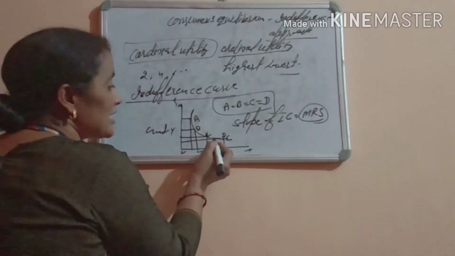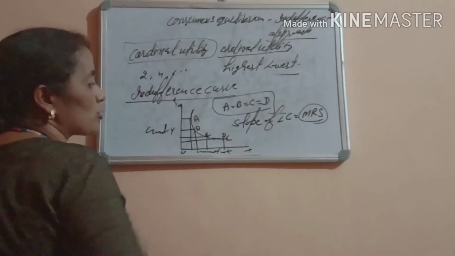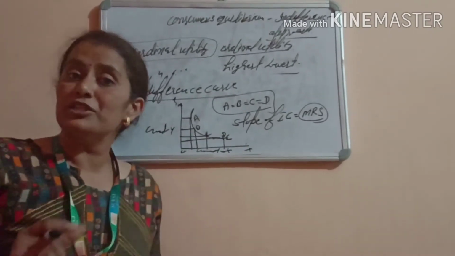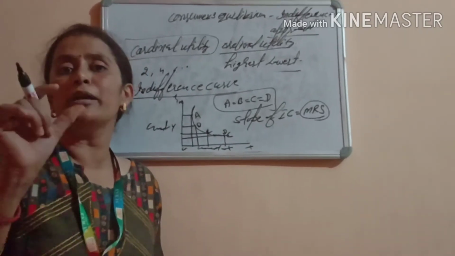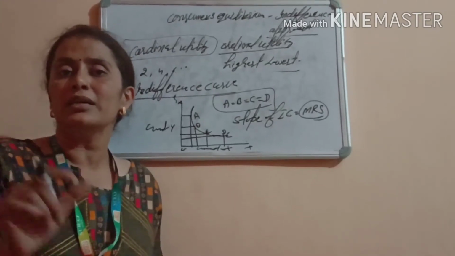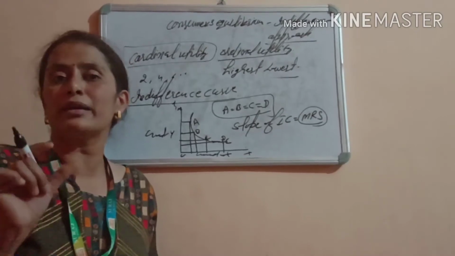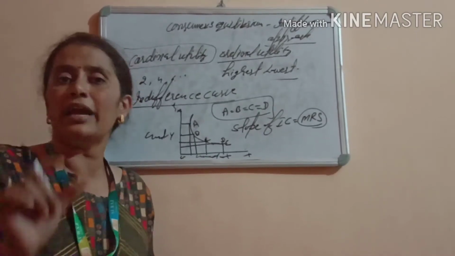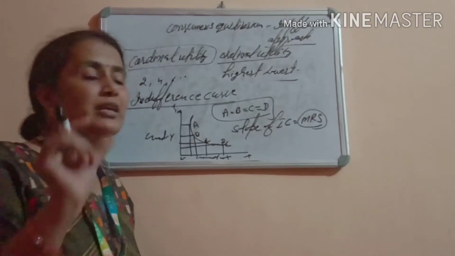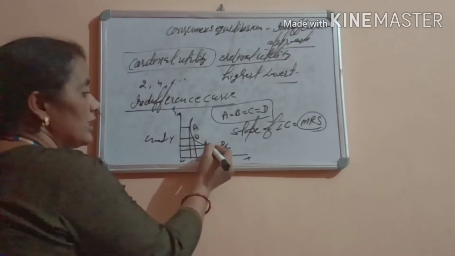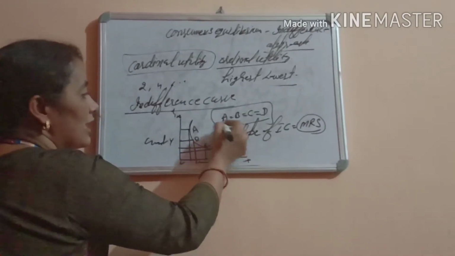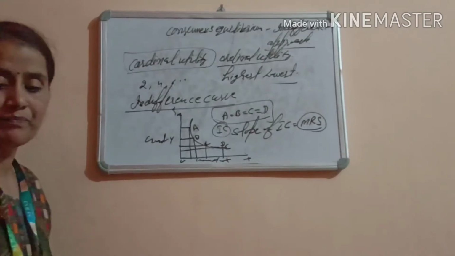So the IC depends on the diminishing marginal rate of substitution. As the consumer consumes more and more units of one commodity, then he can sacrifice less and less units of another commodity, and for every additional unit the marginal rate of substitution continuously declines. So this is called the indifference curve.